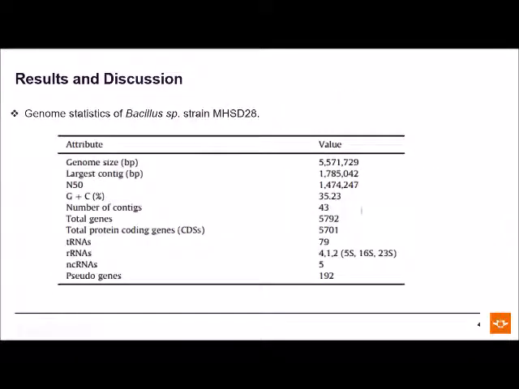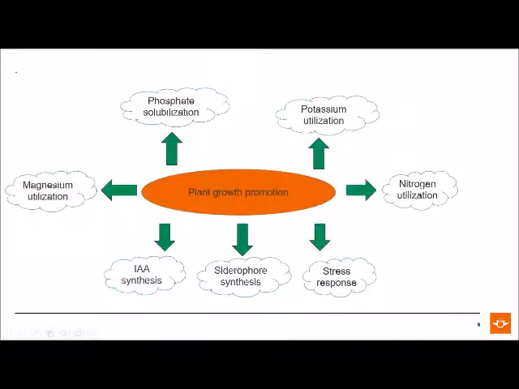A number of genes are associated with plant growth promotion, including IAA synthesis, siderophores, stress response, as well as nutrient utilization such as magnesium, phosphate, potassium, as well as nitrogen.